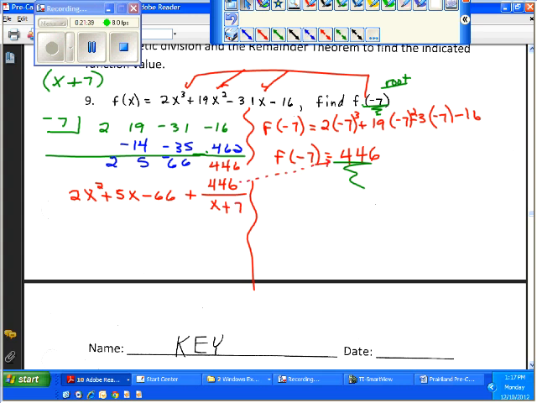Notice that the remainder is the function value at that root. Okay?